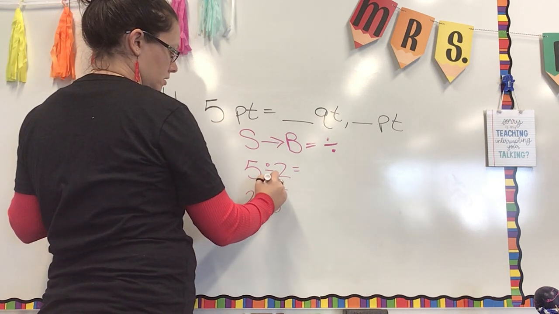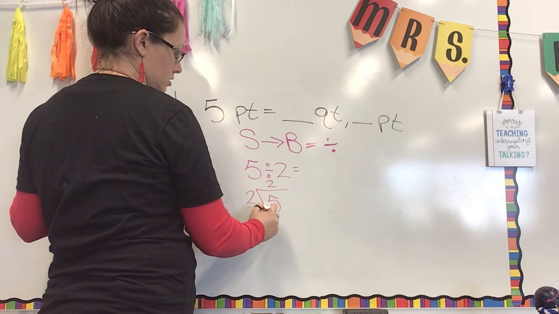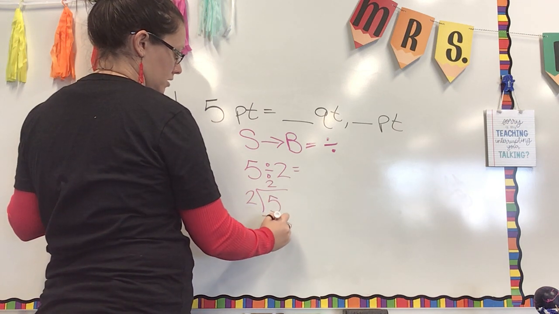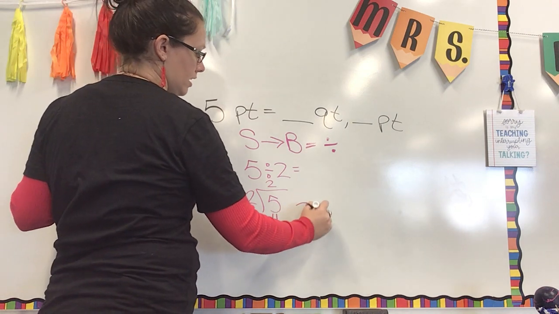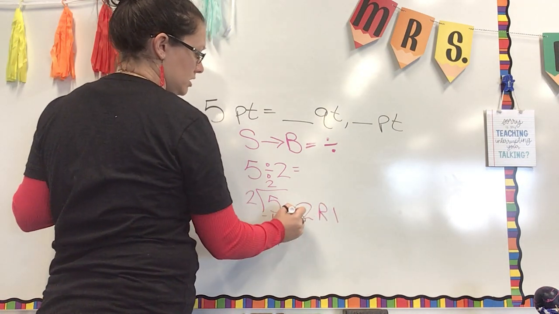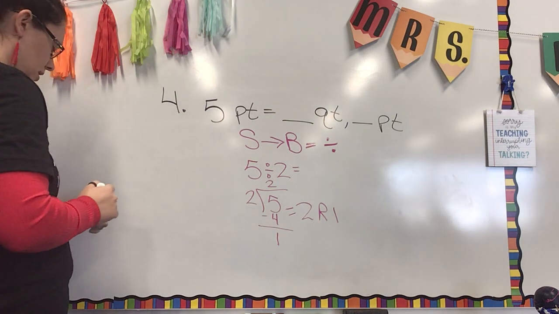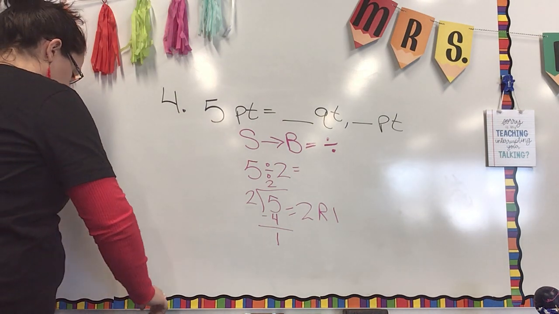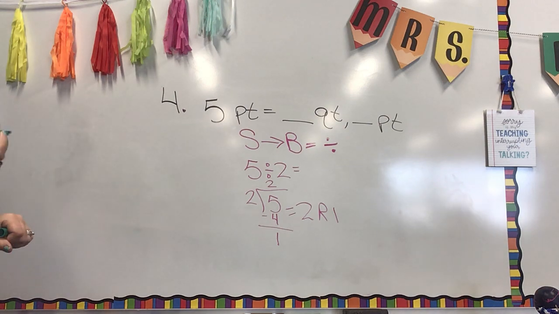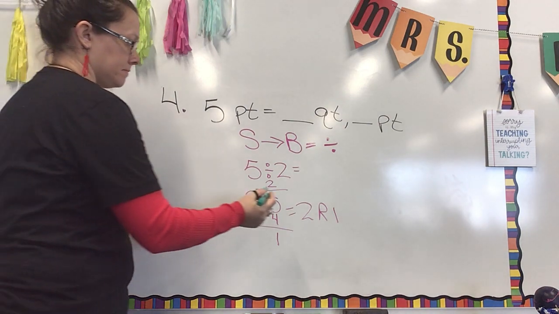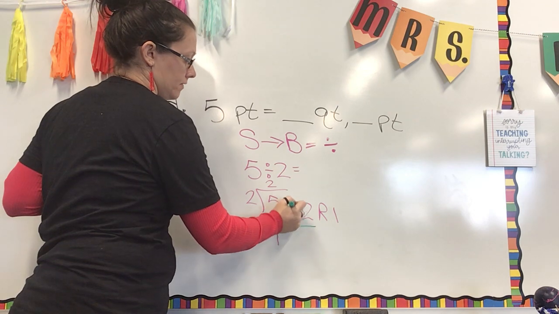2 remainder 1, because 2 times 2 is 4. Well, I have a 2 remainder 1 here. What do I do with a 2 remainder 1? Raina, what do I do with a 2 remainder 1? The 2 is going to be the quarts, and then the 1 is going to be the pint. Very nice.